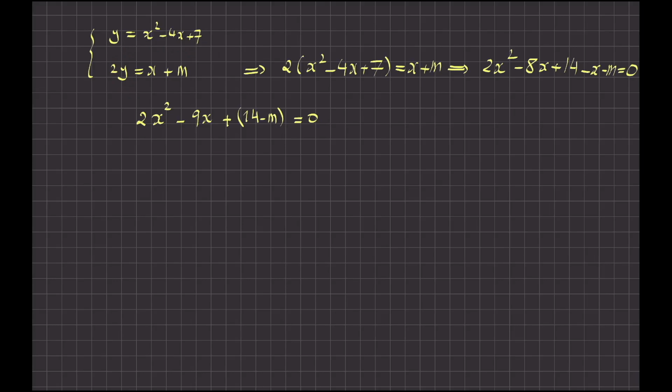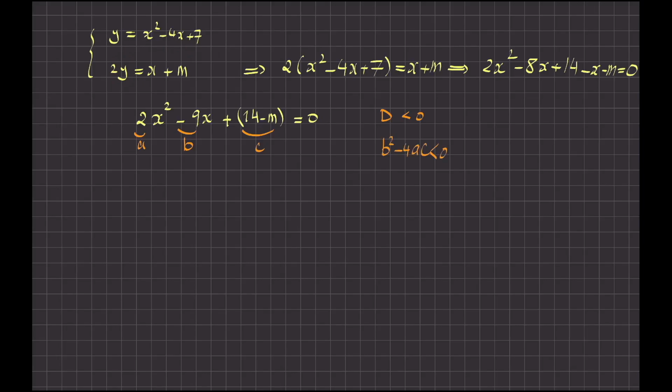But the problem asks you to do something that there are no intersection points. So again, this is a quadratic equation. You want to force it not to have any solutions. So it means that the discriminant of this should be negative. And this is A, this is B, and now this is C. And the discriminant is b squared minus 4ac should be negative.